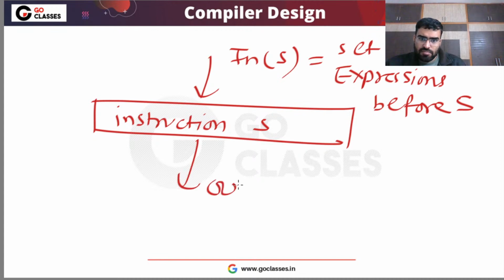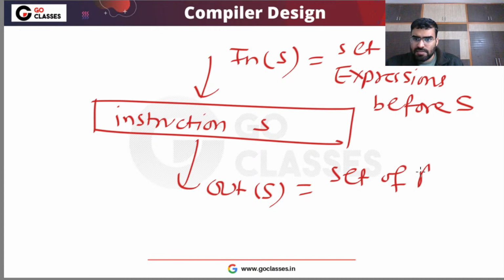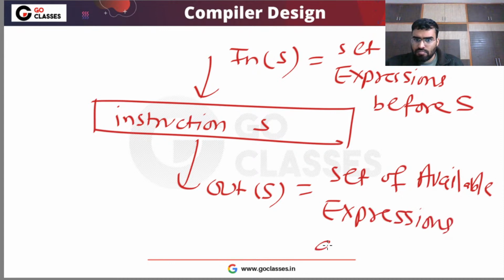And what is this? Tell me. This is the set of available expressions after s. So you have out of s and in of s.